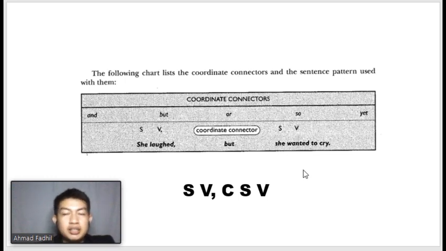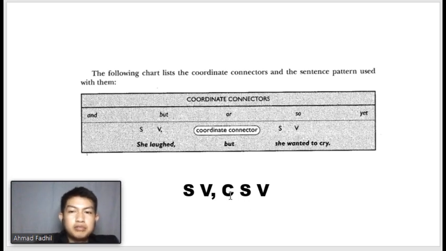So we can make a formula: subject, first verb, comma, connector, second subject, and second verb.